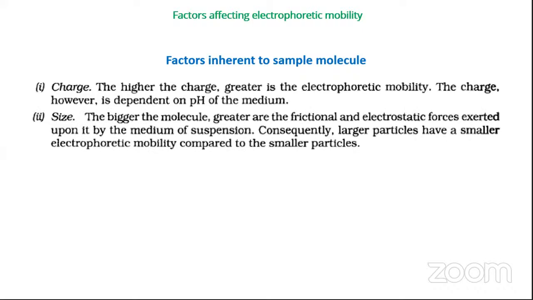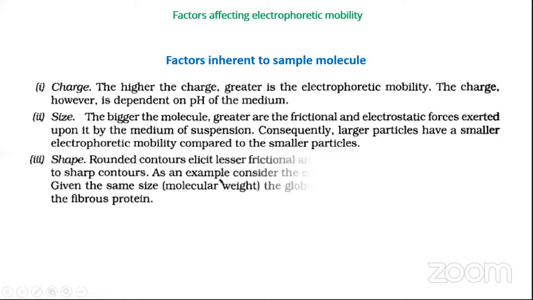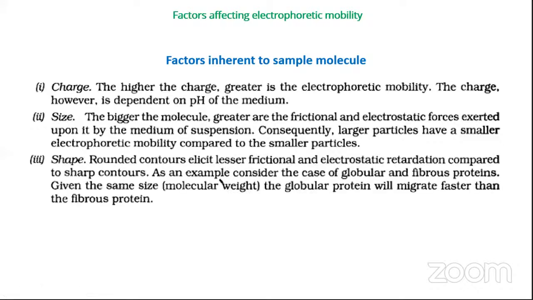We also talked about how size of the molecule is going to affect the electrophoretic mobility. And finally, we also talked about the shape parameter, that how different shapes of a molecule with same mass might affect the electrophoretic mobility of any molecule under the effect of electric field.